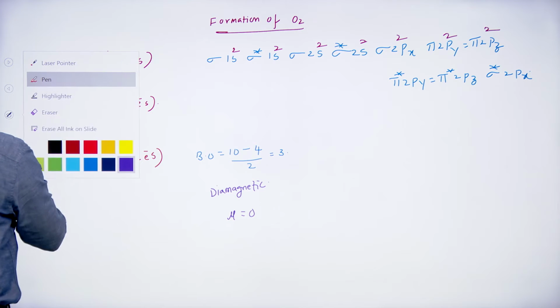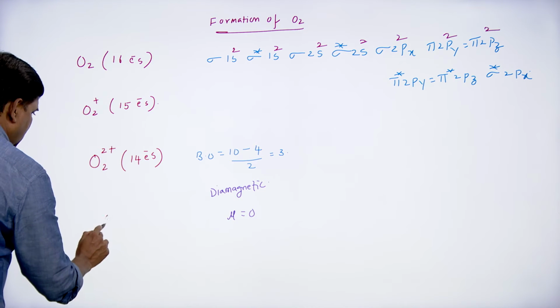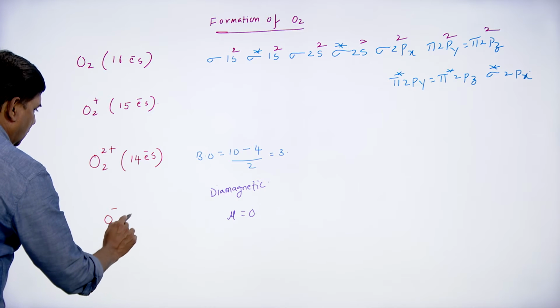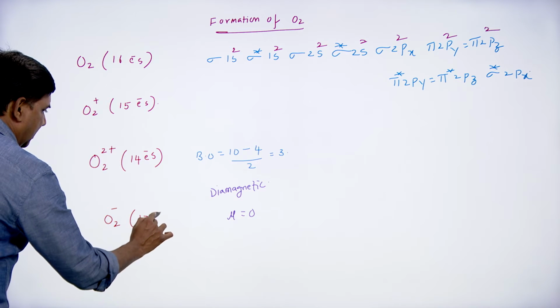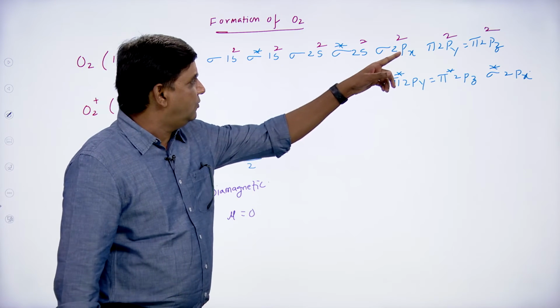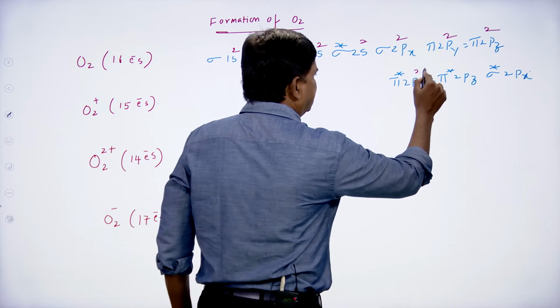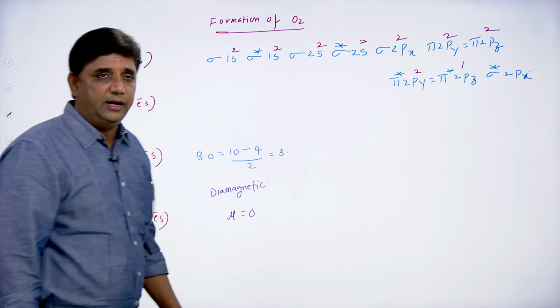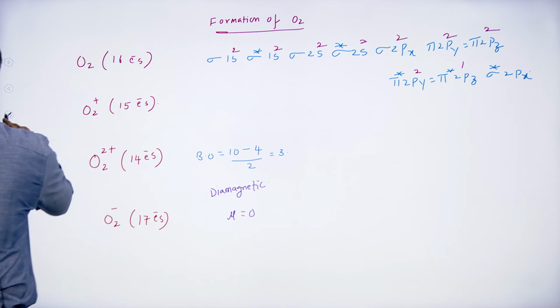Now students, let us see the O2 minus. O2 minus will contain 17 electrons. And how many are there here? 8, 10, 12, 14, 16 and 17. This is 17. Then how to calculate the bond order?